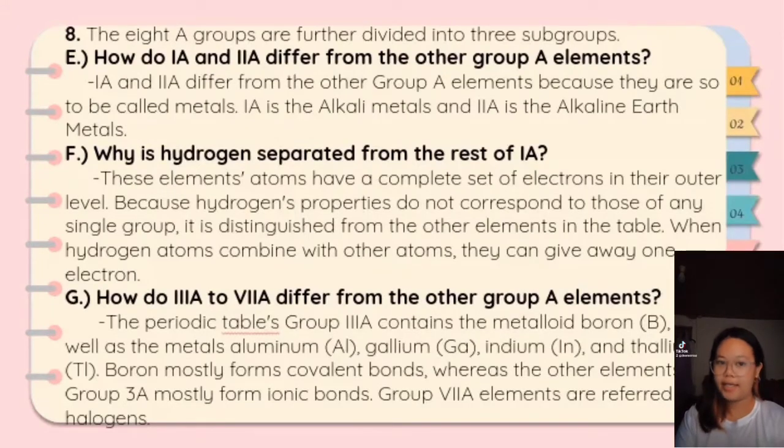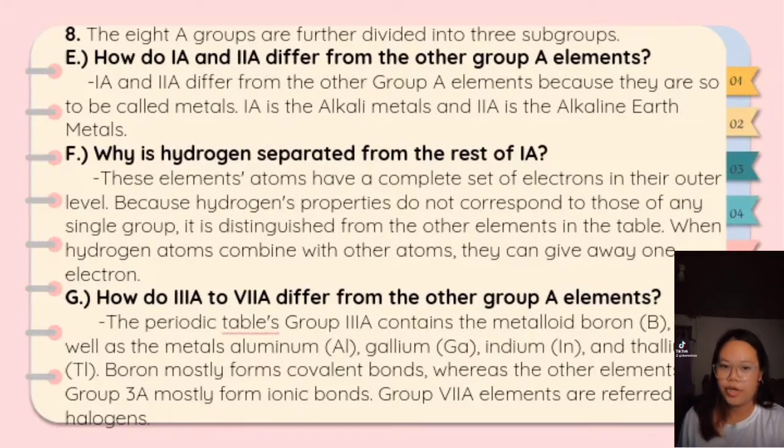Next, the 8A groups are further divided into 3 subgroups. Question: how do group 1A and 2A differ from the other group A elements? Group 1A and 2A differ from the other group A elements because they are called metals. Group 1A is the alkali metals and 2A is the alkaline earth metals.